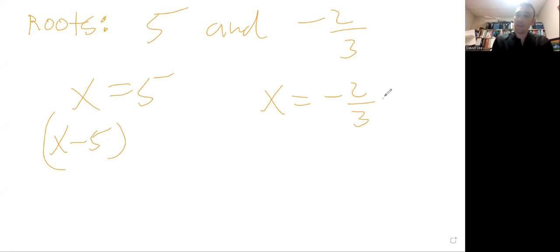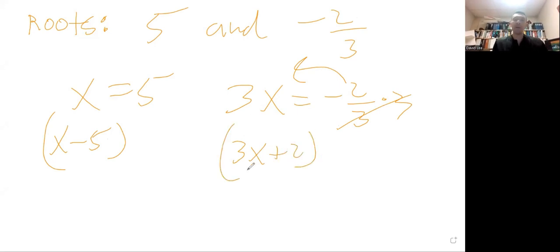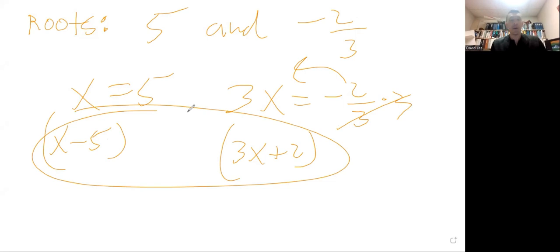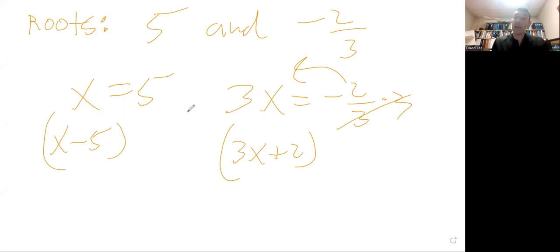Over here, if you multiply by 3 first, and then if you add the 2, that becomes 3x plus 2. So then you take these two factors, write them side by side, and multiply them out. So we'd get x minus 5 times 3x plus 2.